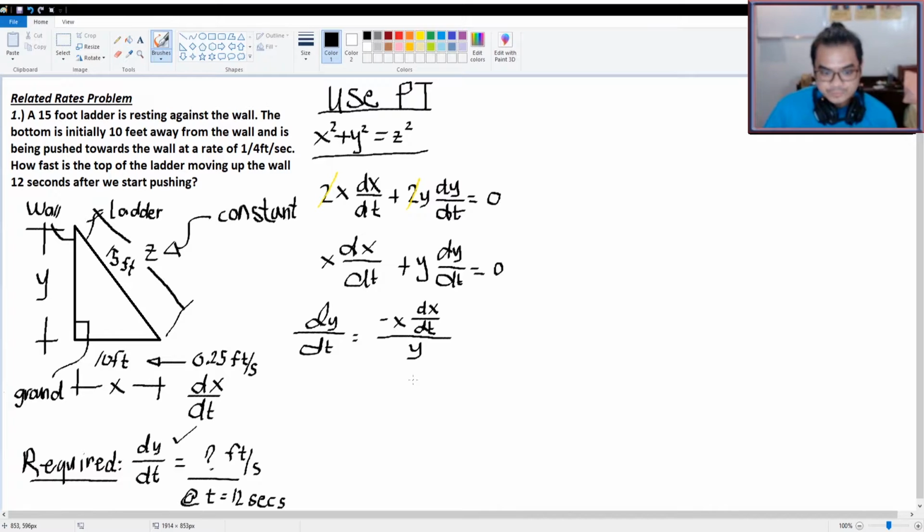Now, what is the value of x? Remember that x must be found 12 seconds later. It is moving at 0.25 feet per second, and as you can see, as the ladder is being pushed towards the wall, x decreases, right?